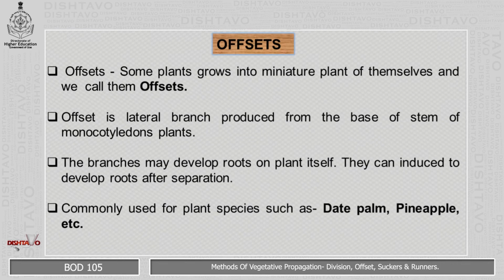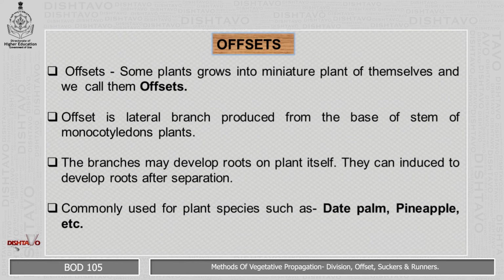Next, we have offset. Here some plants grow into miniature plants of themselves, and we call them offsets. Commonly used for plant species such as date palm, pineapple, and even in hydrophytes like Eichhornia, water hyacinth, this method is used.